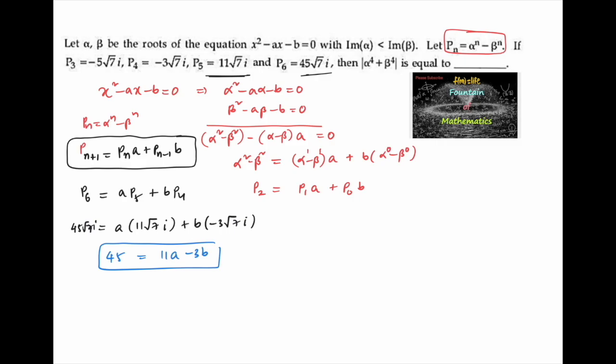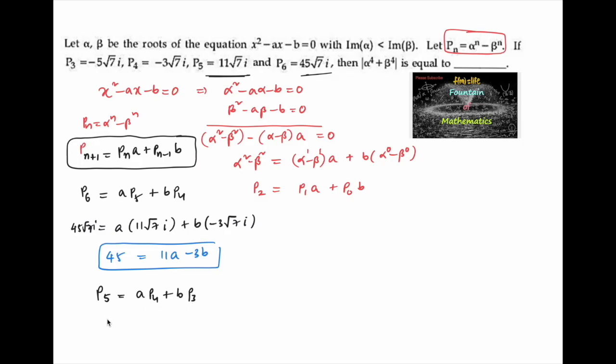And similarly we can also write P5 is equal to A times of P4 plus B times of P3.